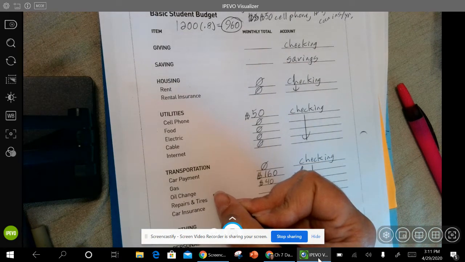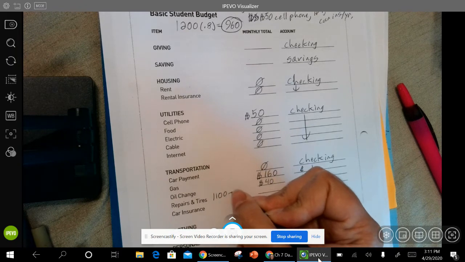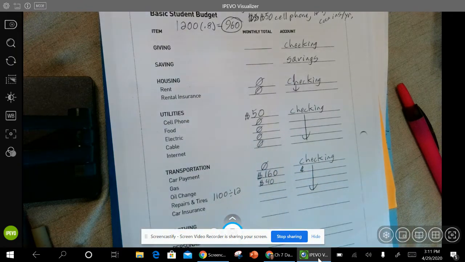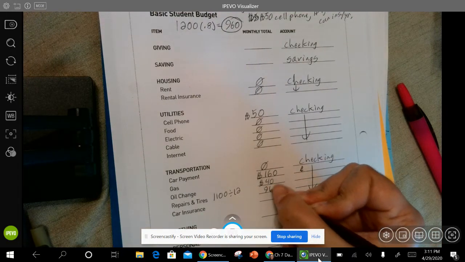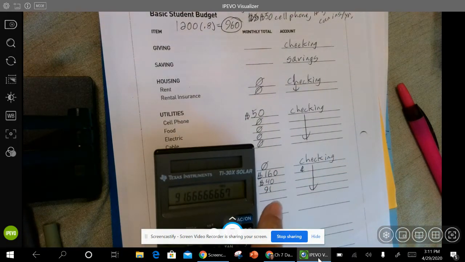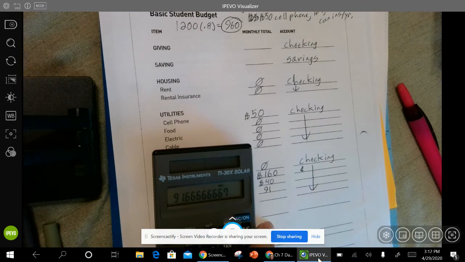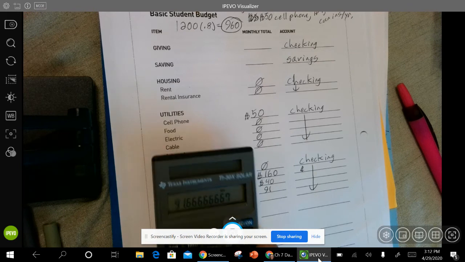So let's say for your car, it's $1,100 is the average that you expect to have to pay. It's an older car. So I got 91.66666. Everybody remember we round up. So it would be 92 cents.